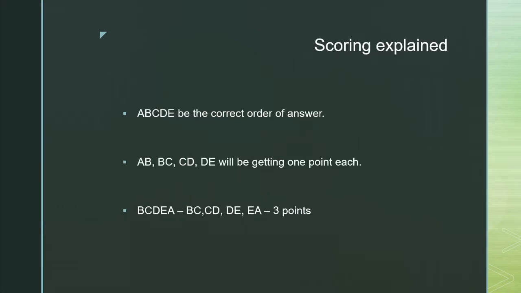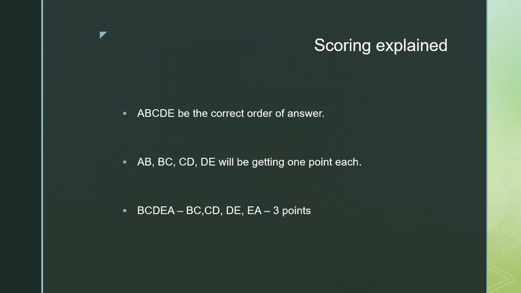Now I'll explain how the scoring is done. For example, take a set of sentences such as A, B, C, D, E and imagine A, B, C, D, E is the correct sequence. You will get a point for each correct pair. We can split the sequence into pairs such as AB, BC, CD and DE.